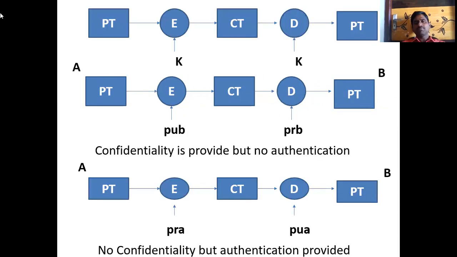In the message encryption, I told you the two ways. One is symmetric encryption. This is the general procedure. The plain text you are performing the encryption on, you will get a ciphertext. Then again you will do a decryption, and you will get the plain text. So this is the process in a symmetric approach. In an asymmetric, I told you there are two techniques, with a pair of keys we have to use.